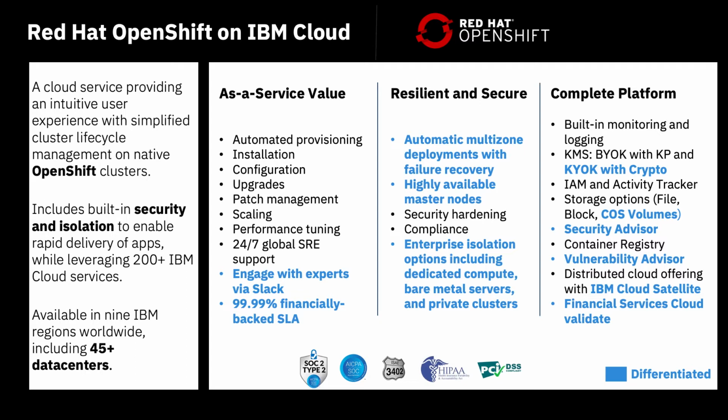OpenShift is OpenShift. And IBM acquired OpenShift because it is that foundational platform that runs consistently on any infrastructure. It's going to give you that same look, feel, capabilities. So the challenge from the IBM Cloud perspective is, how do I make OpenShift unique here? It's around building in and improving those operational characteristics that allow us to provide a 99.99% SLA, to put additional security and controls around it.